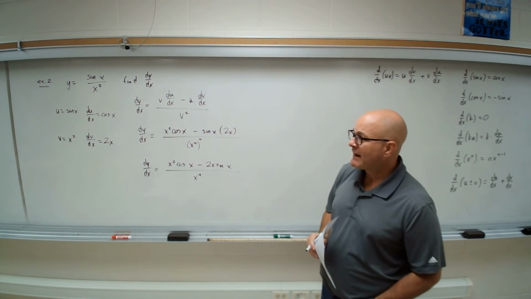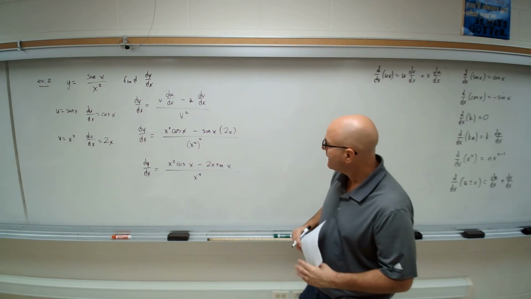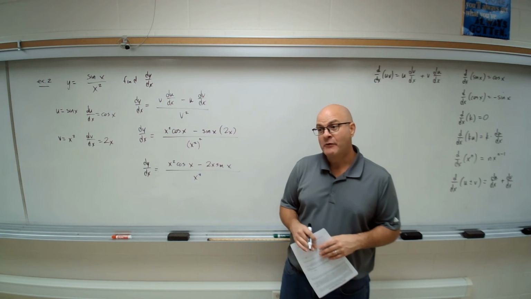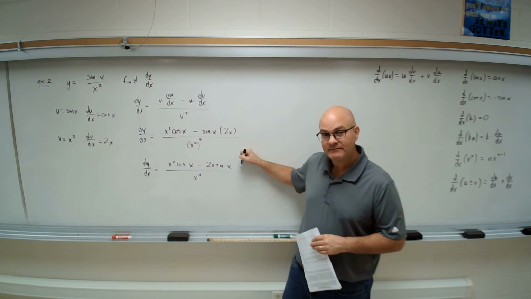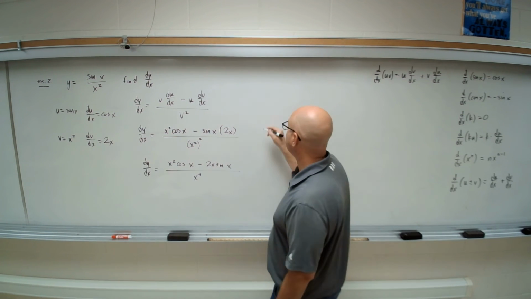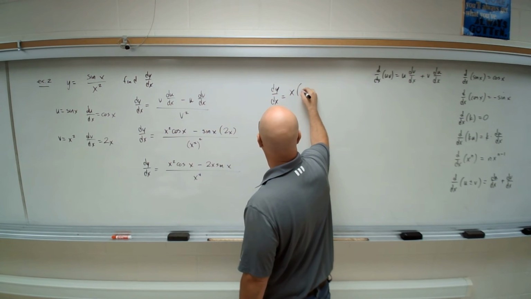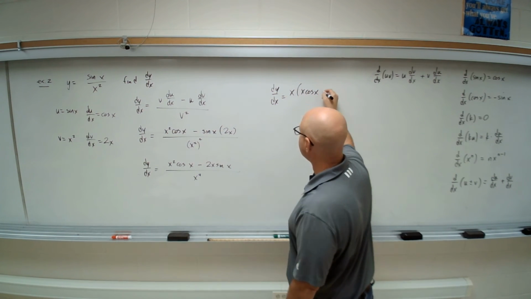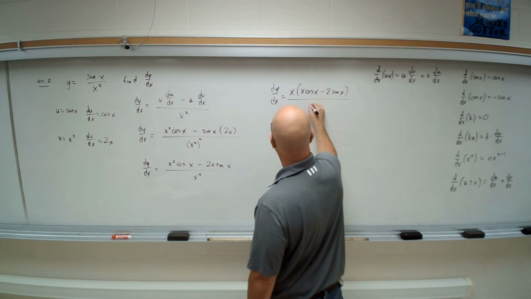Now that doesn't match our answer from the warm-up, which I think I've erased. But this should look like some of our review sheet problems. Is there a common factor on top of x? So I can take the numerator and factor out an x. We get x cosine x minus 2 sine x over x to the fourth.